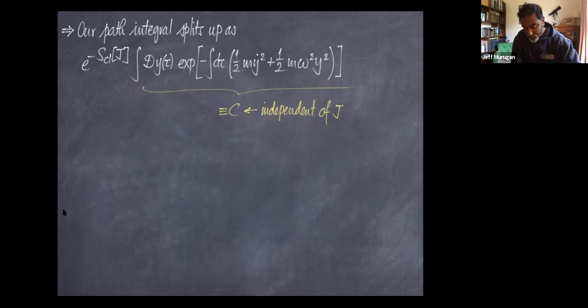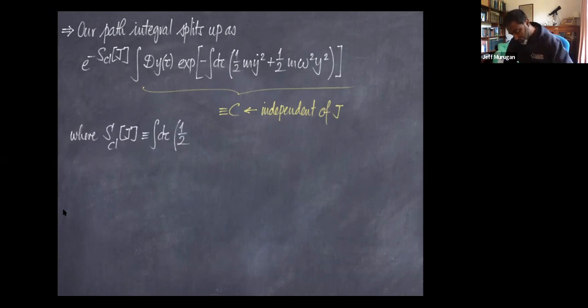And the remaining piece, S classical of J, is what I'm defining as the integral of a half m x classical dot squared plus a half m omega squared x classical squared minus j x classical.